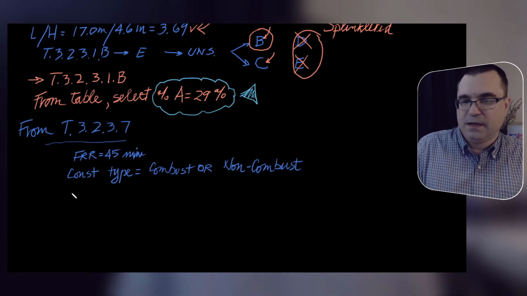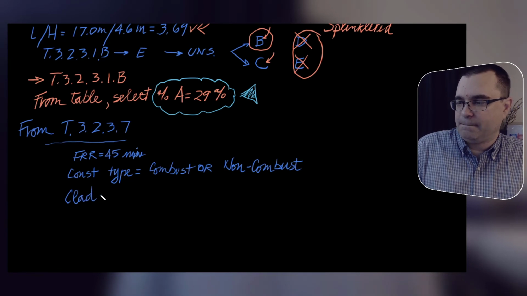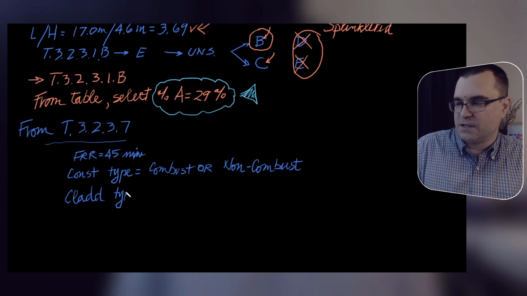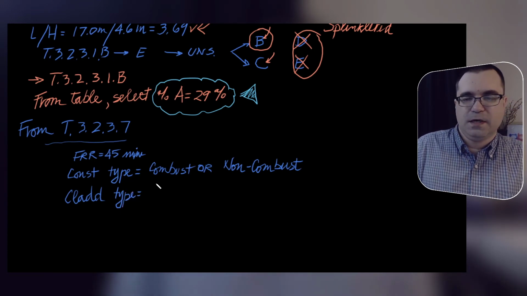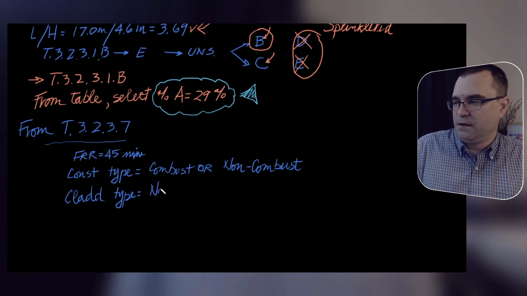And finally, the cladding type. I'm just using short form, so you would write it out, obviously. Table would be non-combustible.